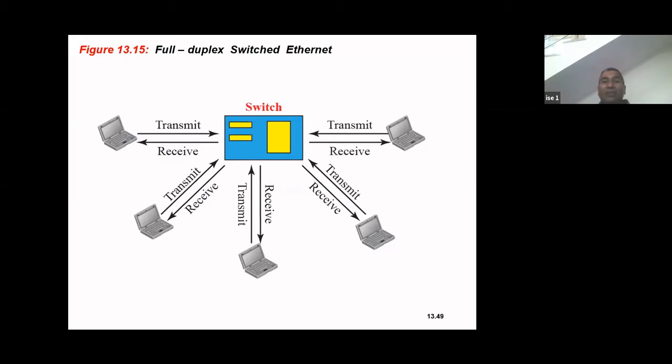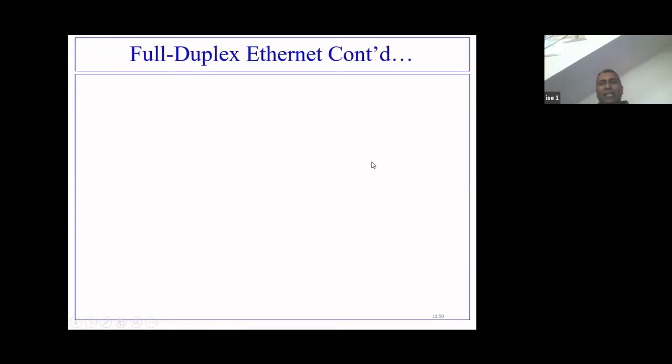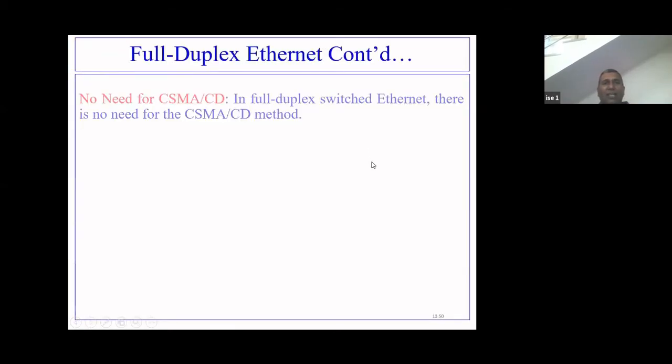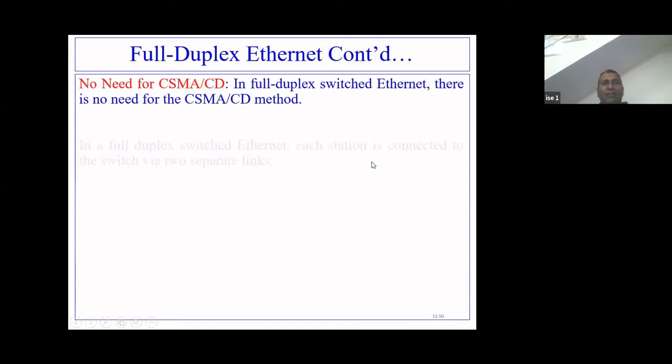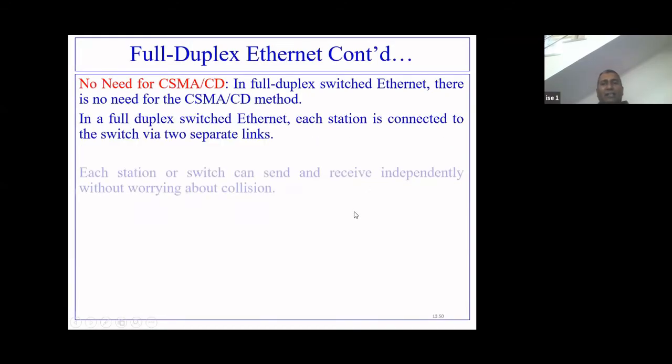But in this particular arrangement of full duplex switched Ethernet, there is no point of having CSMA/CD because there is a separate line for transmitting the data and a separate line for receiving the data. So CSMA/CD is done away with completely. It is not needed at all.